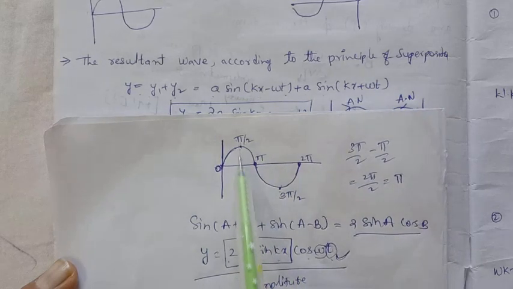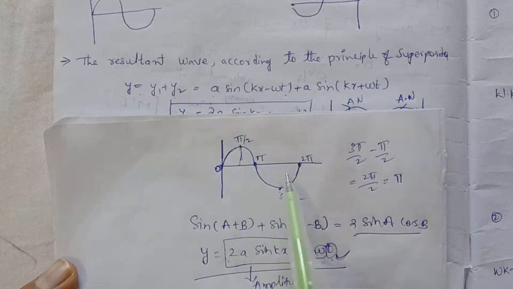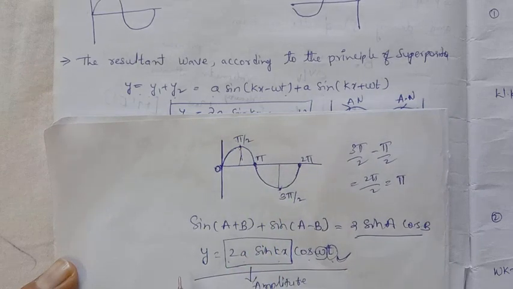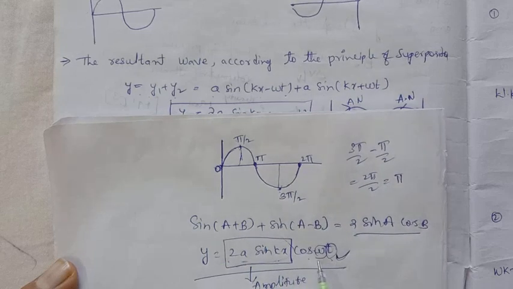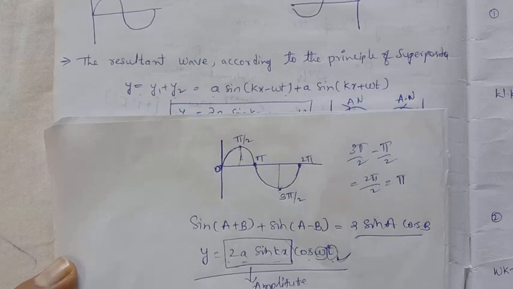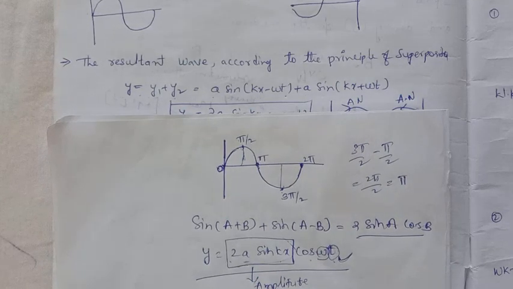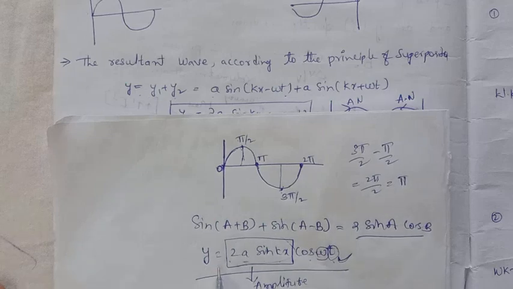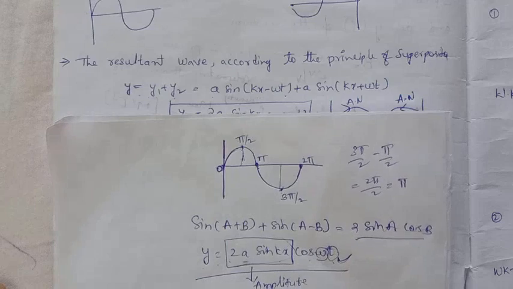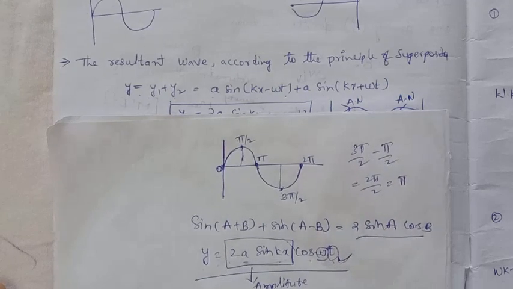So amplitude is not depending upon the time and phase. Omega is the angular frequency. And y is equal to this term taken as the amplitude, into cos omega t.